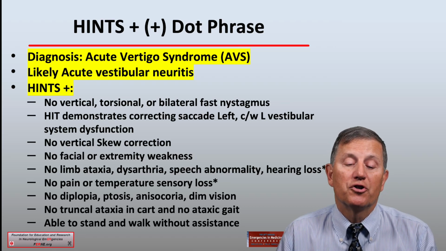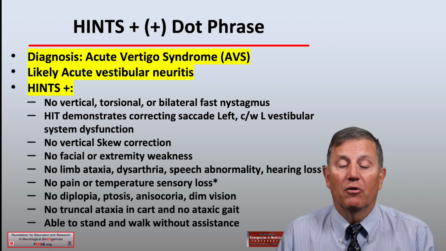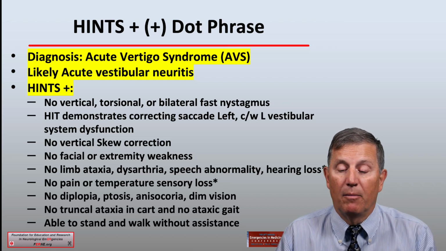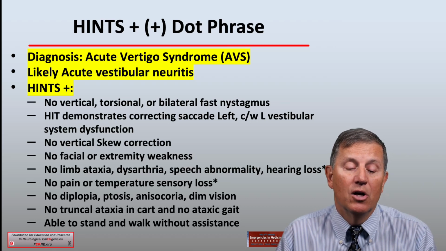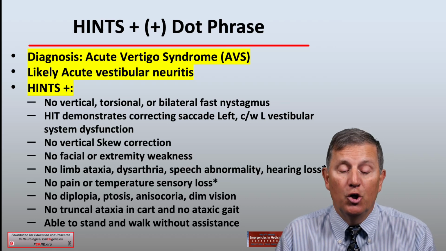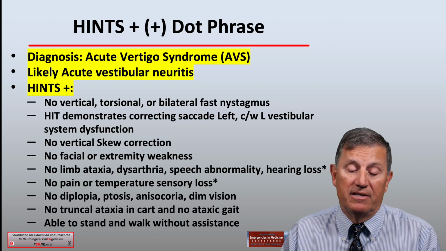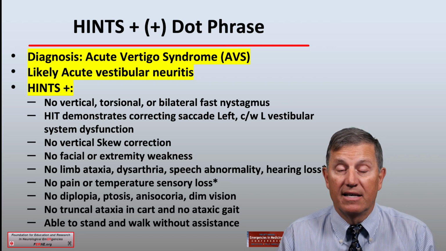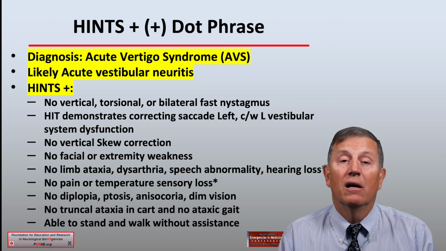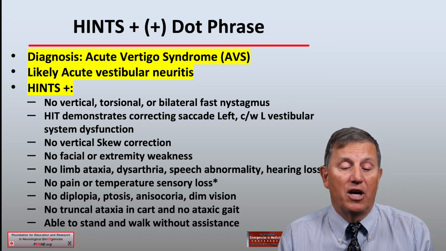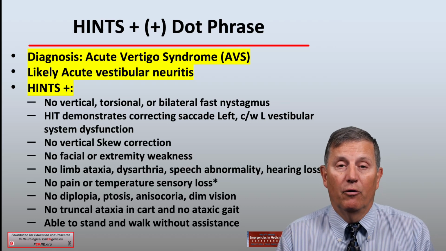There's no vertical skew correction, no facial or extremity weakness, no limb ataxia, dysarthria, speech abnormality or hearing loss, no pain or temperature sensory loss, no diplopia, ptosis, anisocoria, or dim vision, no truncal ataxia in the chart, no ataxic gait, and the patient's able to stand or walk without assistance. This dot phrase supports the diagnosis of a peripheral etiology such as acute vestibular neuritis.